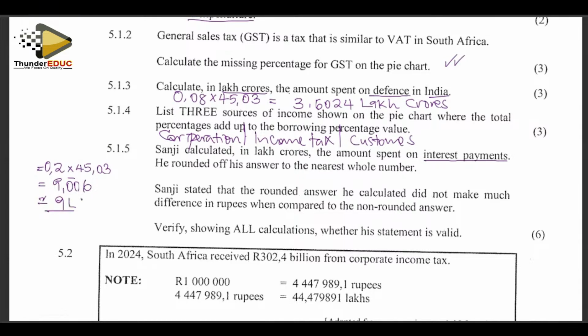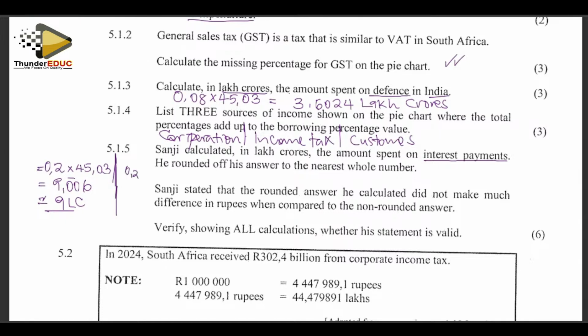These are lakh crores. Okay, now we need to look at it in rupees. What will it be in rupees? But then there's a difference here. It's a difference because now in rupees, what are we going to do? We shall have to first change this.